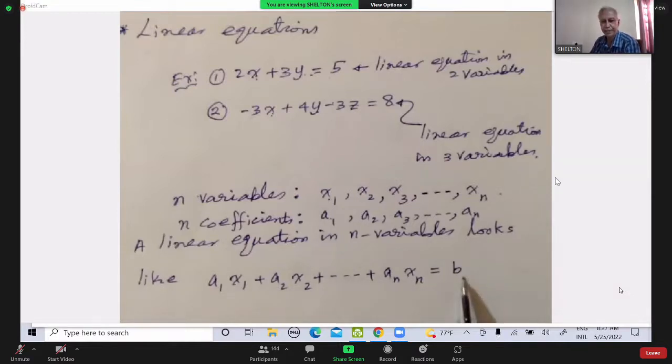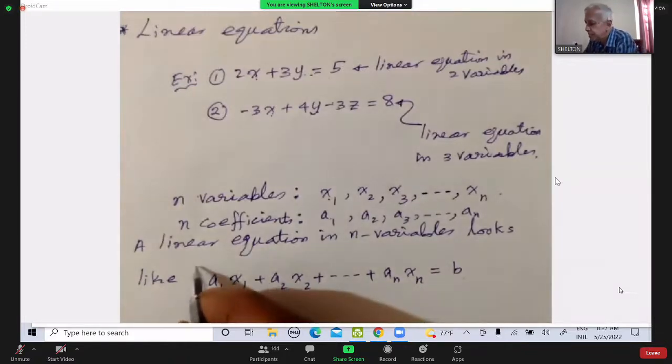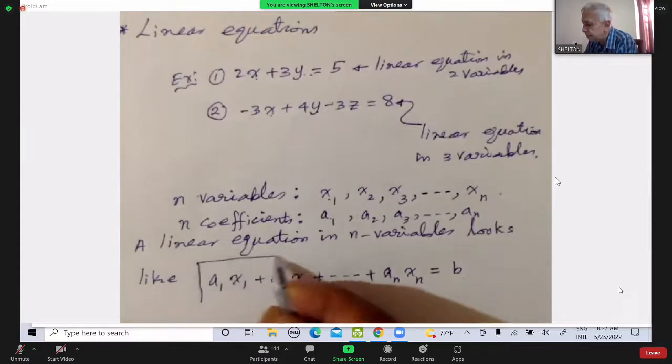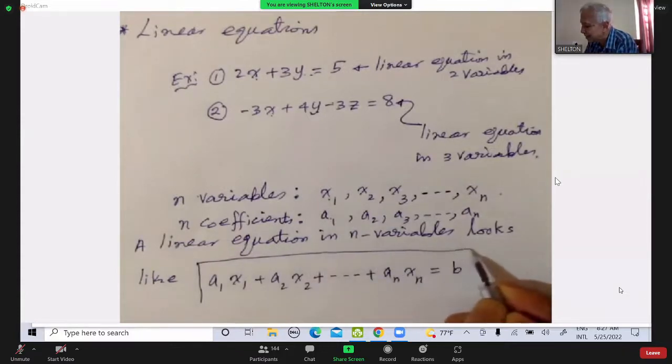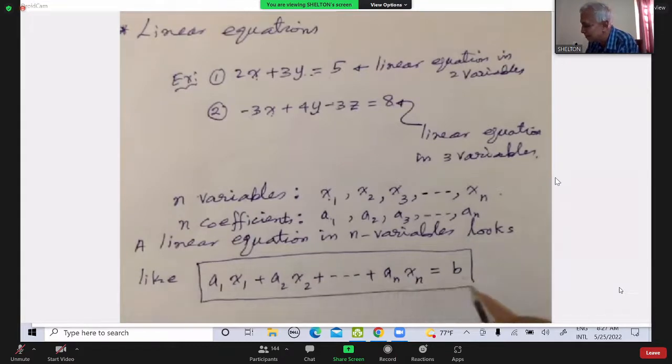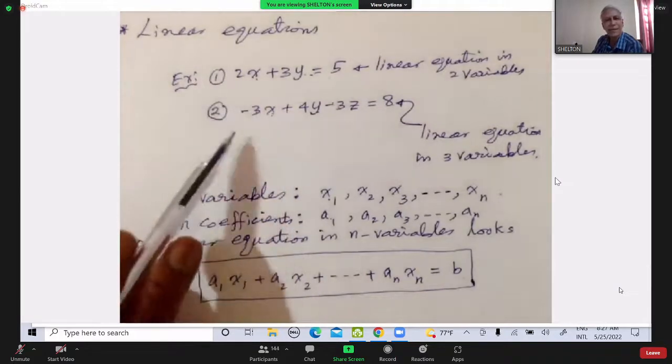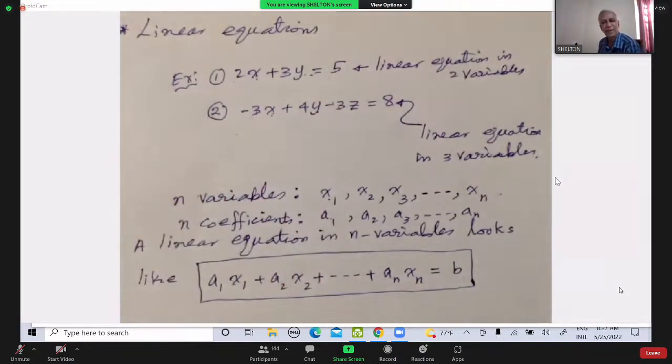Then this b is also a constant. So that is how a linear equation in n variables looks. It looks complicated in the notation, but there is nothing difficult when it comes to a smaller number of variables. Okay.